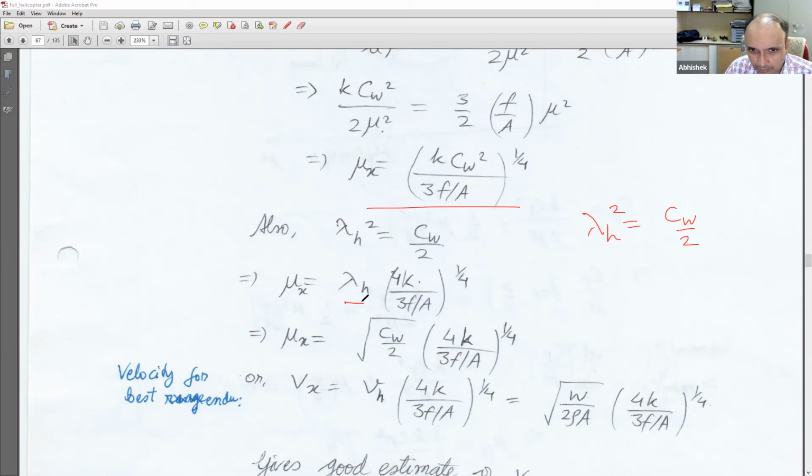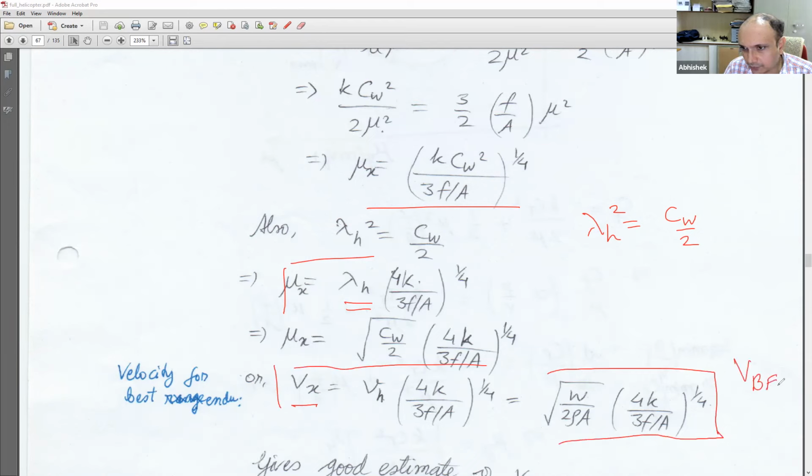So lambda h would actually come outside. So another expression for mu x could be lambda h into 4k by 3f by a to the power 1 by 4, or you can write it like this, square root of CW by 2. Or finally, in the dimensional form, I can write Vx equals square root of W by 2 rho A into 4 times kappa by 3 times f over A to the power 1 by 4. So this is the dimensional expression for the velocity or speed for best endurance.